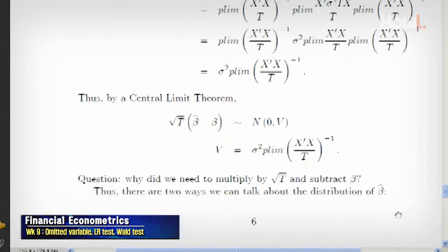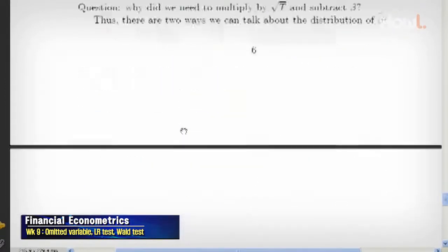Because we want to apply the central limit theorem. Thus, there are two ways we can talk about the distribution of beta hat. Until now we didn't assume anything about the distribution of beta, right? But if we have a large number of data, based on the central limit theorem, our OLS estimate will follow a normal distribution.